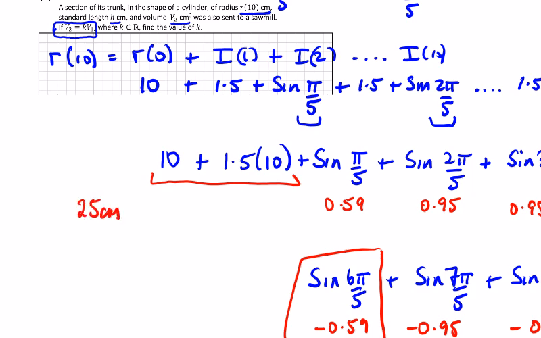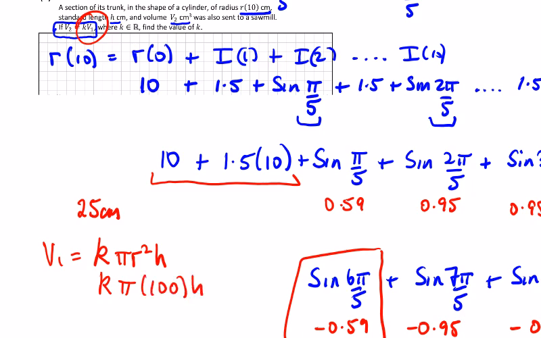So the volume of these cylinders: the volume of the first one is equal to pi r squared h, and we'd have to multiply, sorry, I meant to put it at the beginning, k times V1. The radius is 10, so we have k by pi by 100 by h.